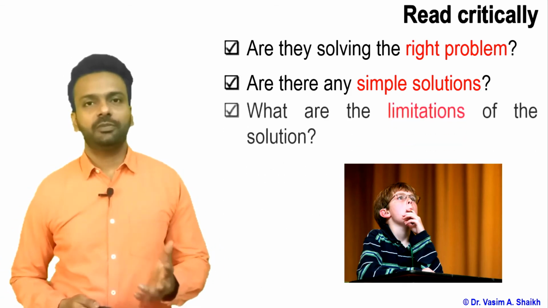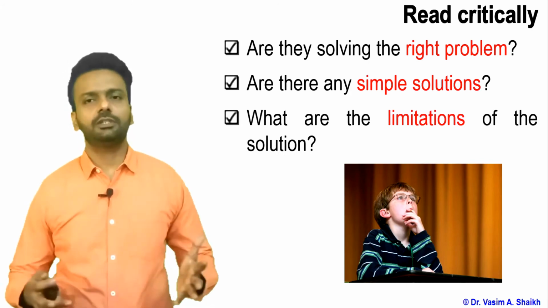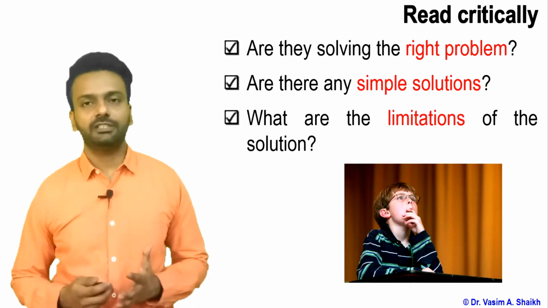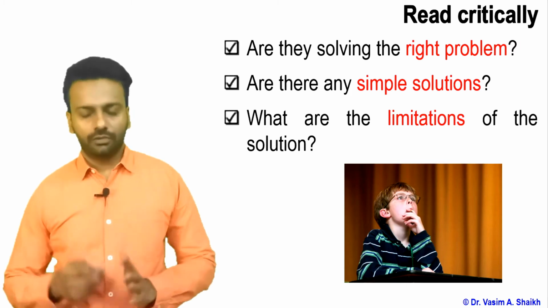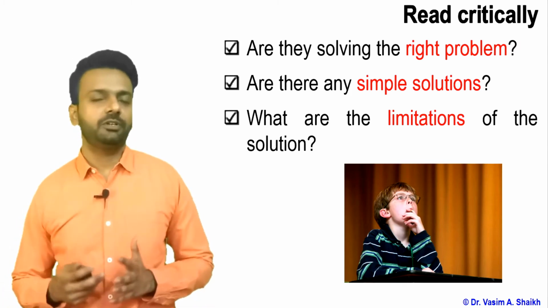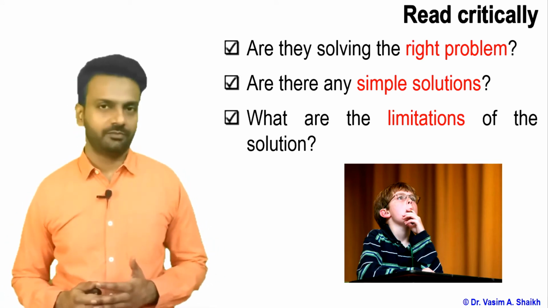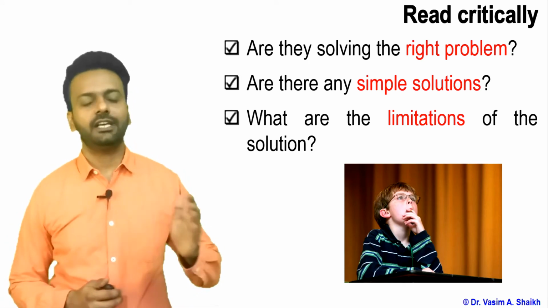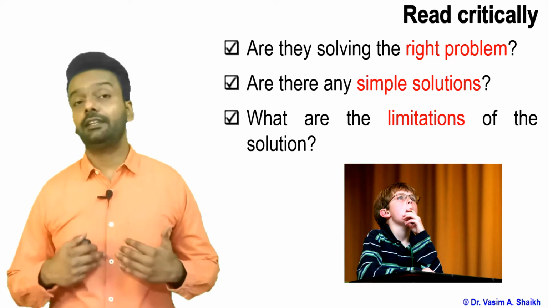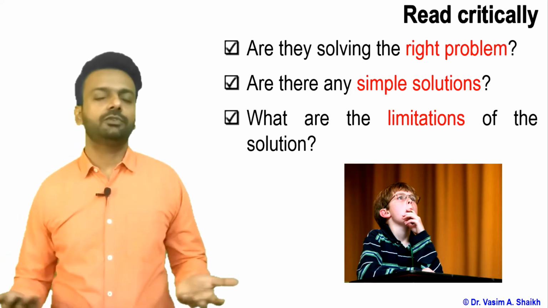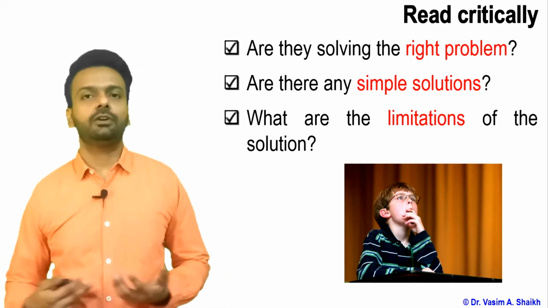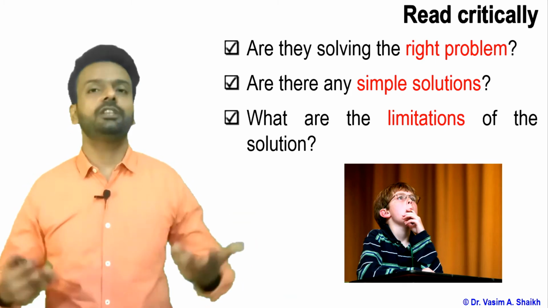Then, what are the limitations of the solution? Of course, the solutions have some limitations, so you need to find them out. When you read the paper like a critic, only then can you find the gaps in the paper. Only then can you see that they have not done this and I can carry forward and do this. Of course, you cannot come up with very new things suddenly.